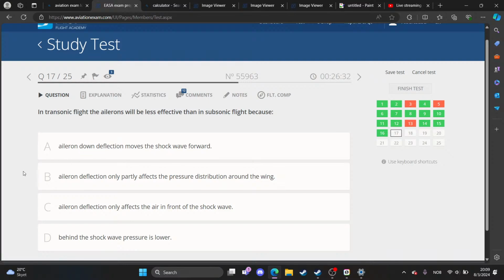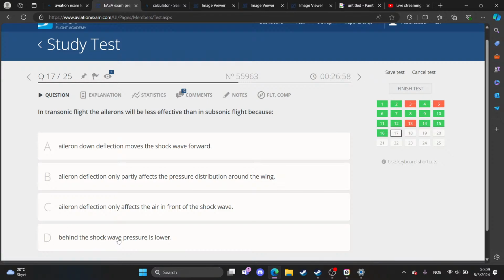No. Aileron deflection only affects the air in front of the shockwave.